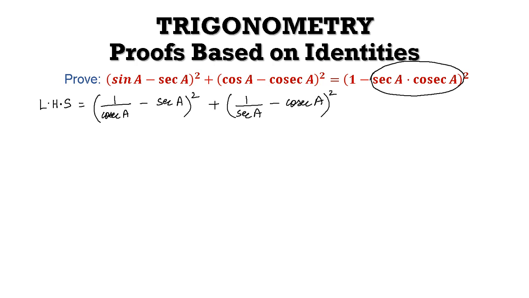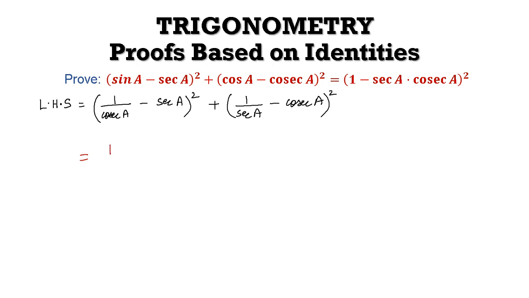In the present condition of the left hand side, if we take cosecant A as the LCM, it will get multiplied with secant A, giving us the same sort of expression where 1 minus secant A into cosecant A is there. Similarly for the second expression also this is happening. So we should go by our intuition and do it.